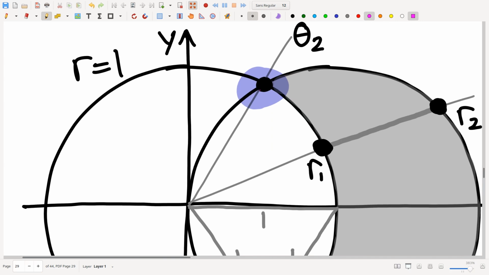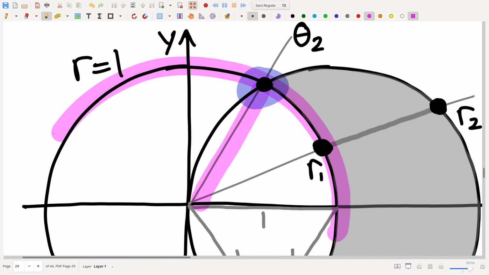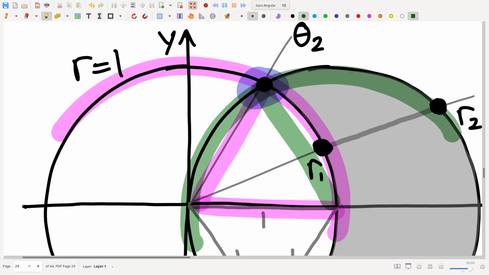Specifically, that length is 1 because it's a radius of that circle, right? And then furthermore, that length is 1 because it's a radius of that same circle. And furthermore, that length is 1 because it's a radius of that circle.